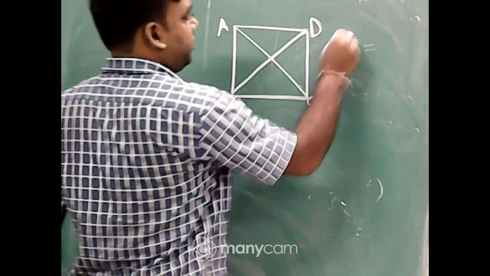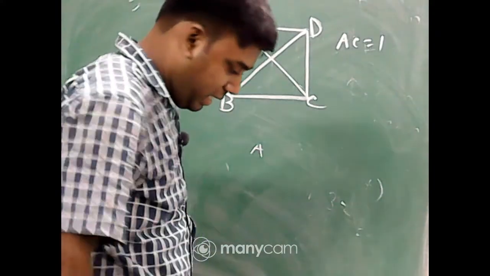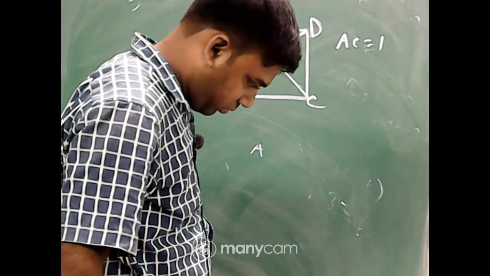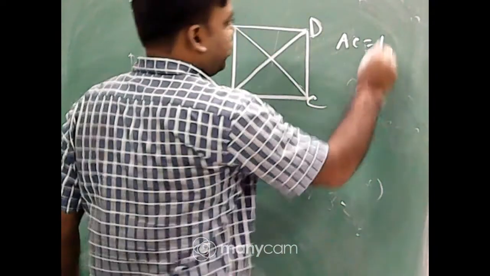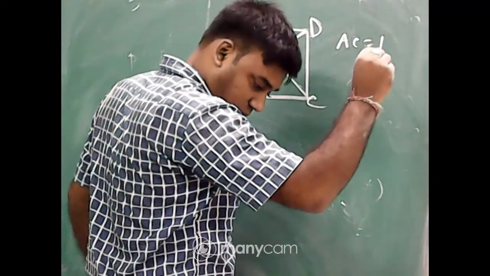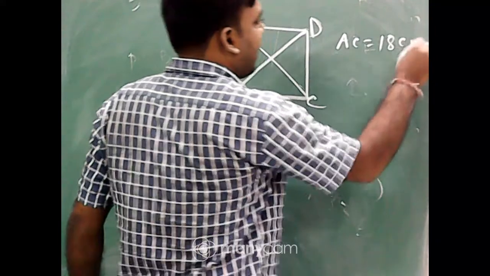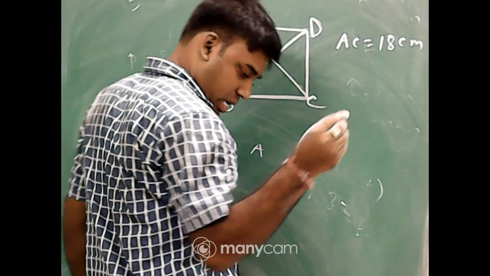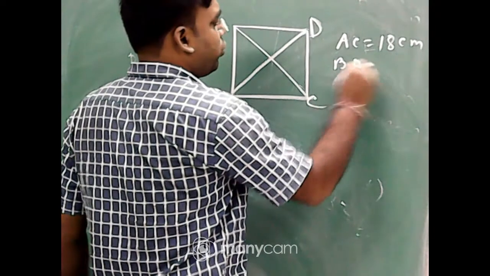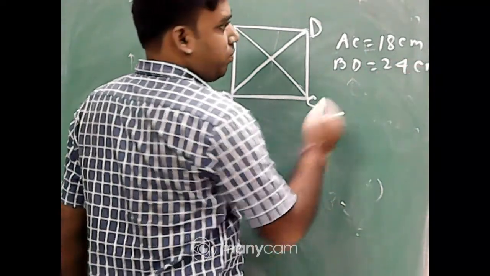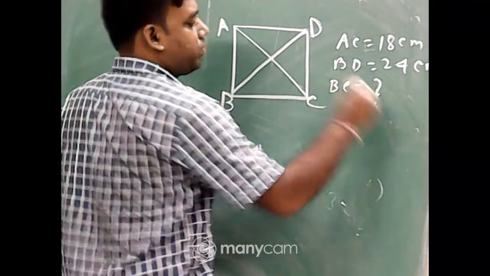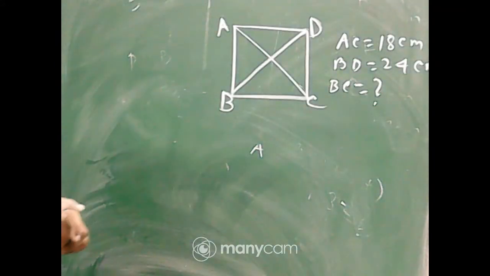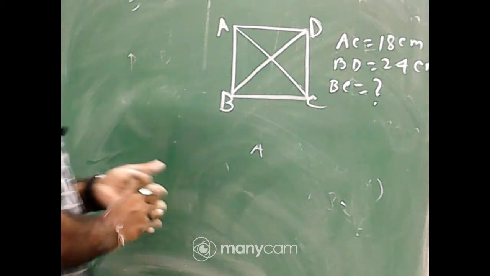Length of AC is 18 centimeter and BD equals 24 centimeter. Then tell me the length of BC.